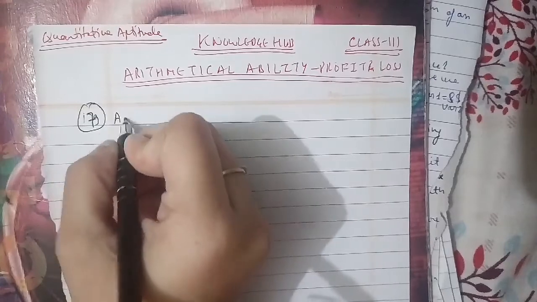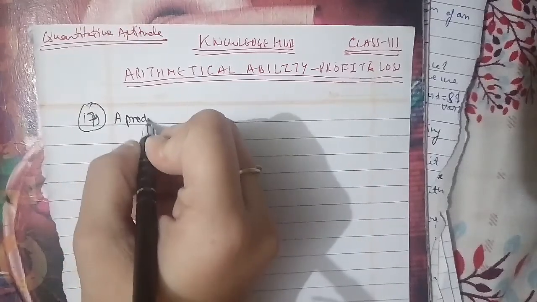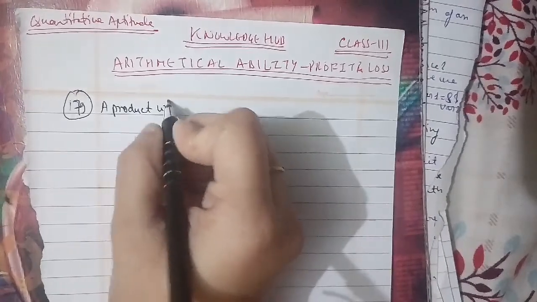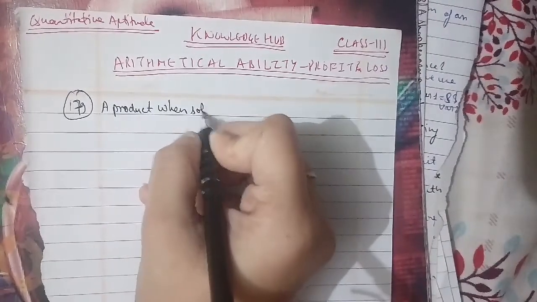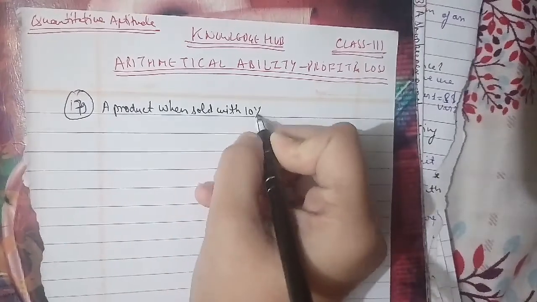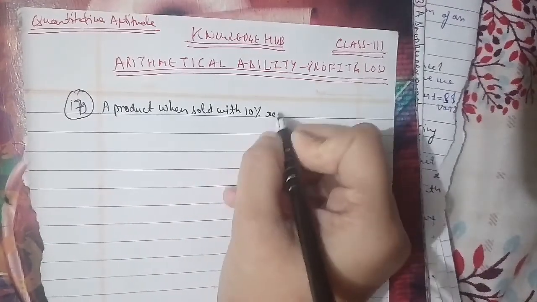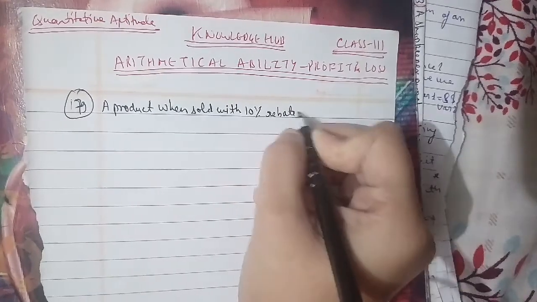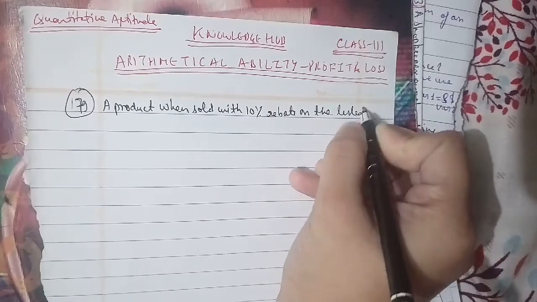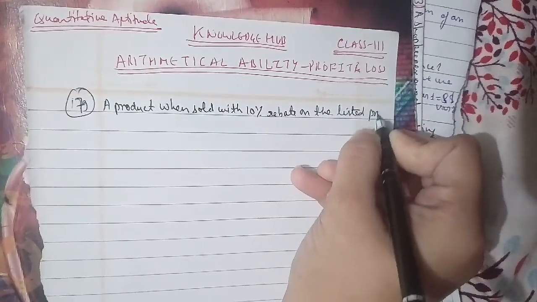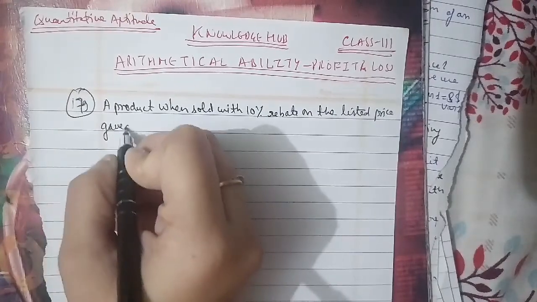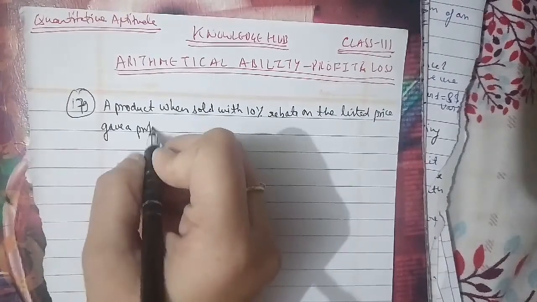A product when sold with a 10% rebate on the listed price gave a profit of rupees 70.